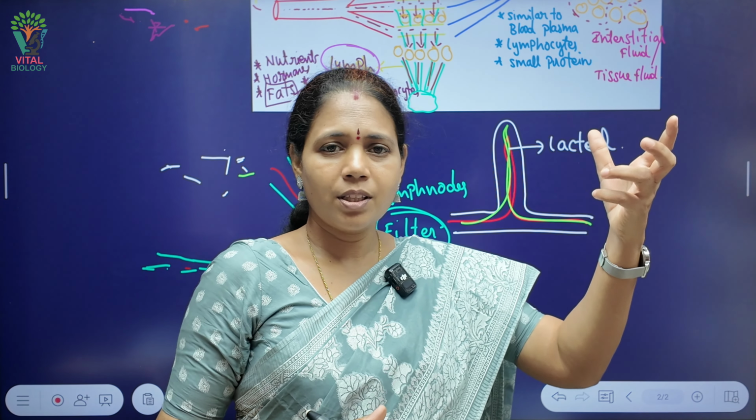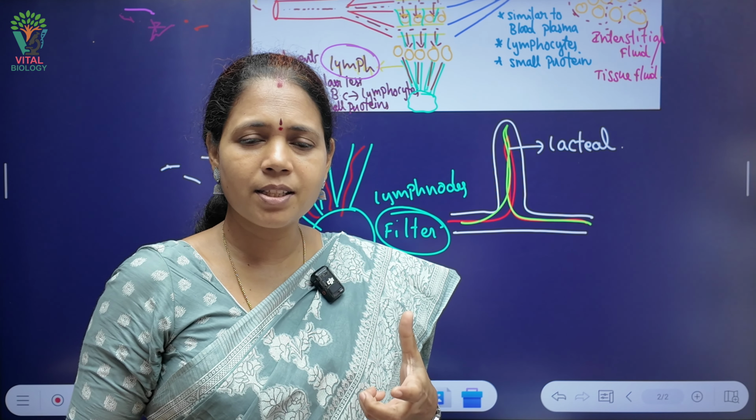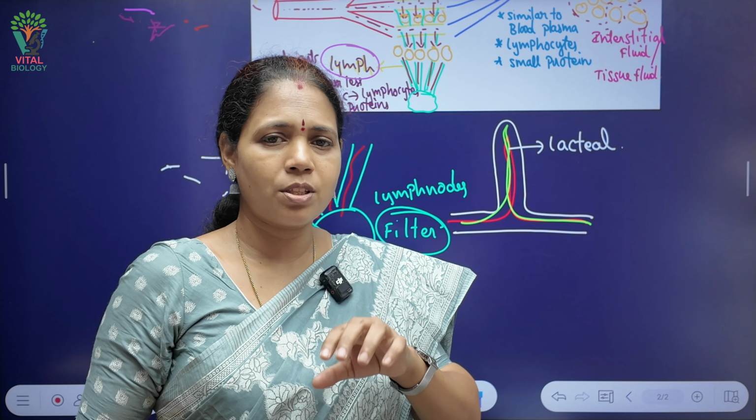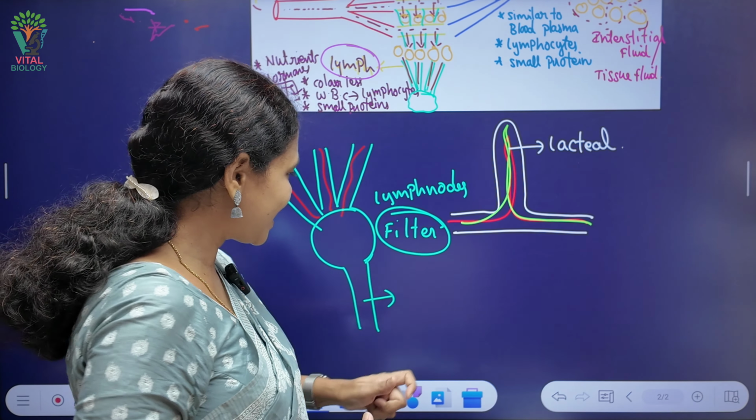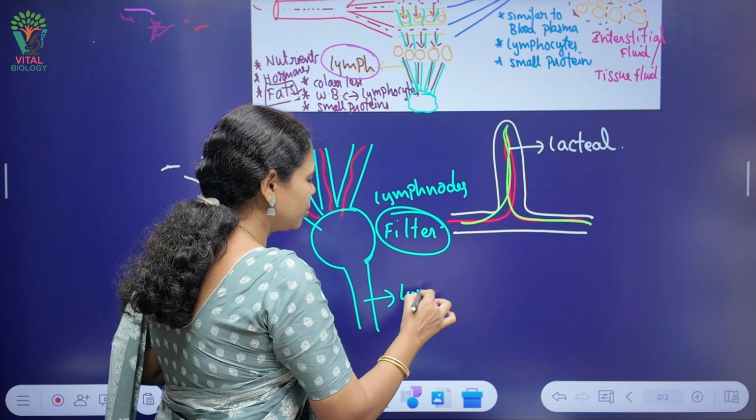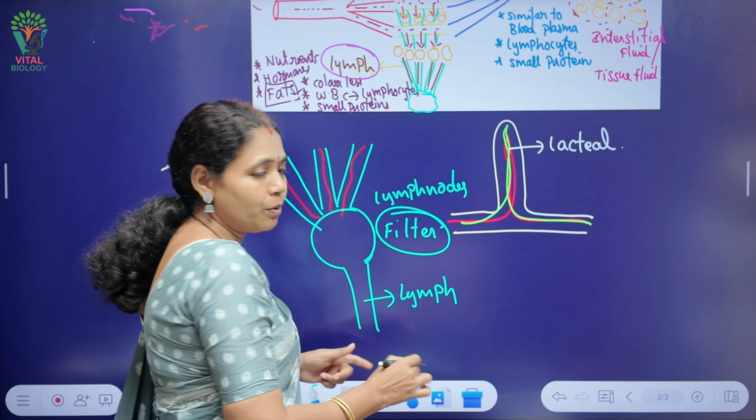So the afferent lymphatic vessels bring the lymph, and in the lymph nodes the clearing or filtering process is completed, and the clear lymph passes through the efferent lymphatic vessel.